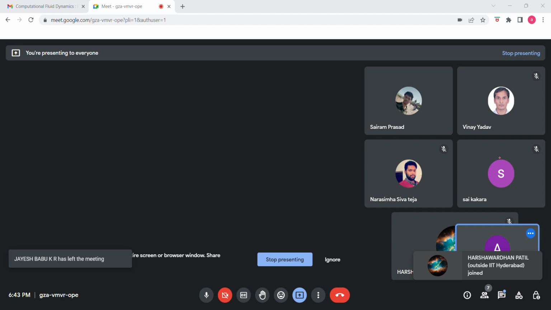Truncation error is proportional to kth power. Truncation error is proportional to k minus 1th power. So in general, when we discretize an equation, the truncation error would be denoted by the kth power. So option 3 is the right answer.